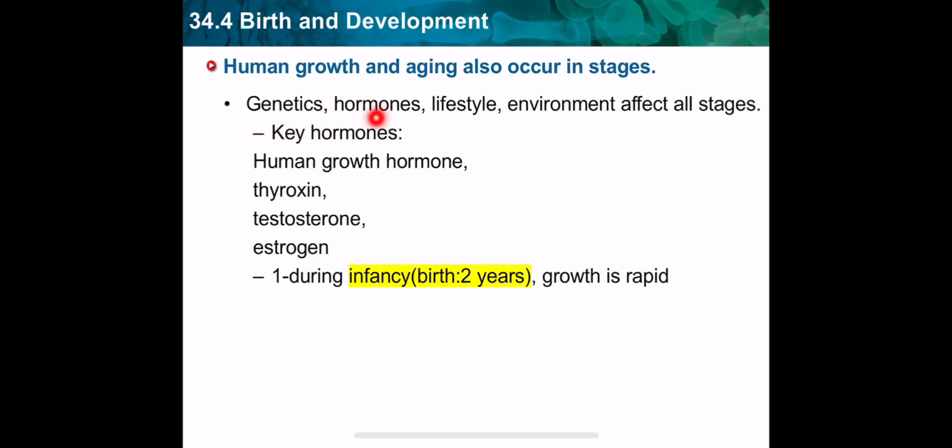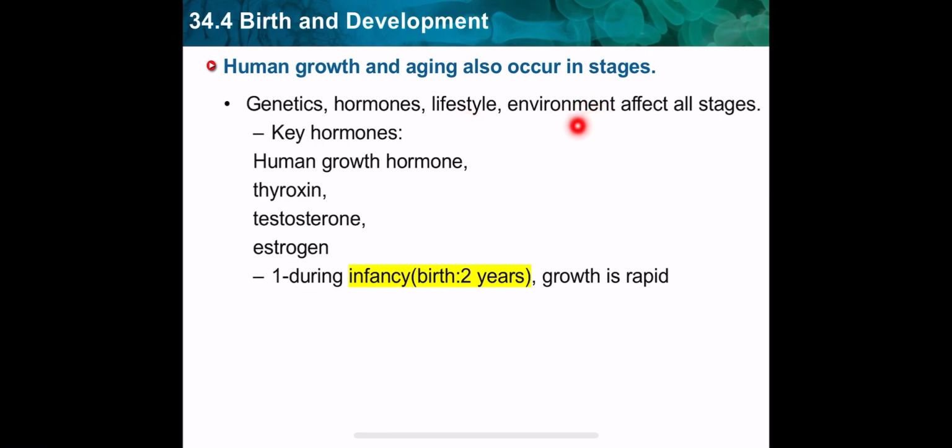Also, hormones will affect the growth. The growth hormone will affect the height, the bone formation and the puberty. Lifestyle, getting good nutrients or good food, whether you exercise or not, will also affect the body's development.